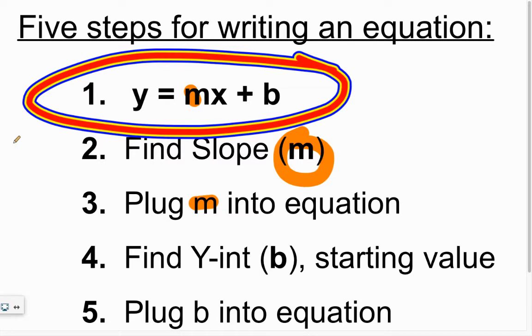And then step 4, we find our y-intercept, our b, our starting value, and then we just plug that in to that b value in our equation, and we're done. So technically only the even steps have work, and steps 1, 3, and 5, the odds, are all going to deal with this equation of y equals mx plus b.